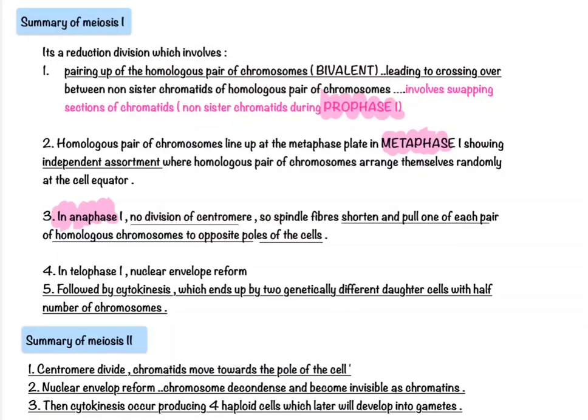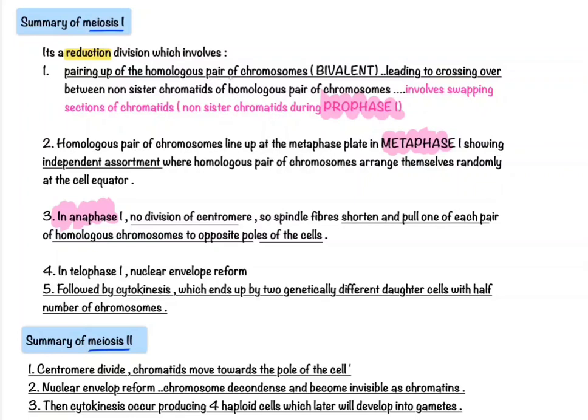Okay? Now we're recapping what happened in meiosis I and II. For meiosis I, we know it's a reduction division. Like we started with 4 or something, and then we ended up at 2 chromosomes, or actually chromatids, something like that, okay?